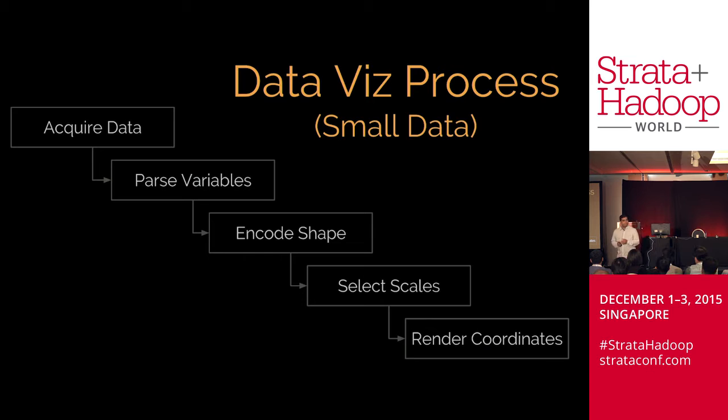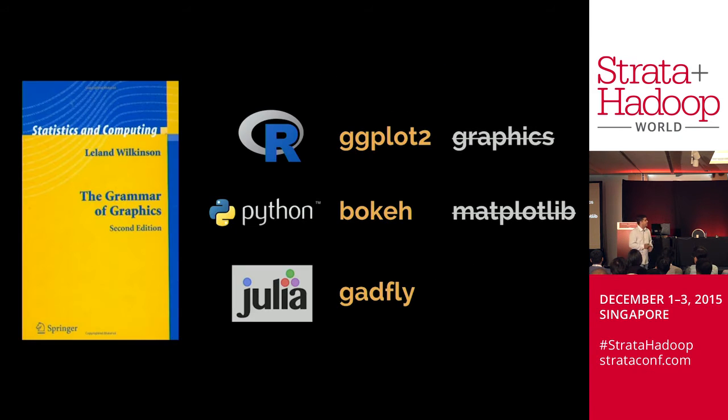With me? Okay. So this is not new. It's not like I have discovered this suddenly and I'm coming and presenting it. If any of you use these tools like R, Python, or Julia, there is a whole grammar of graphics, which is a book by Leland Wilkinson, which describes this creation of visualizations.